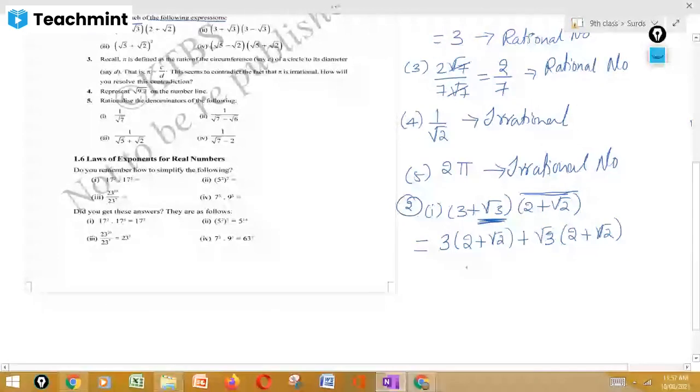So now, what you have to do is multiply 3 into 2. How much do you get? 6. Now listen to me. When there is a multiplication of a rational number to an irrational number, you need to multiply by its coefficient.